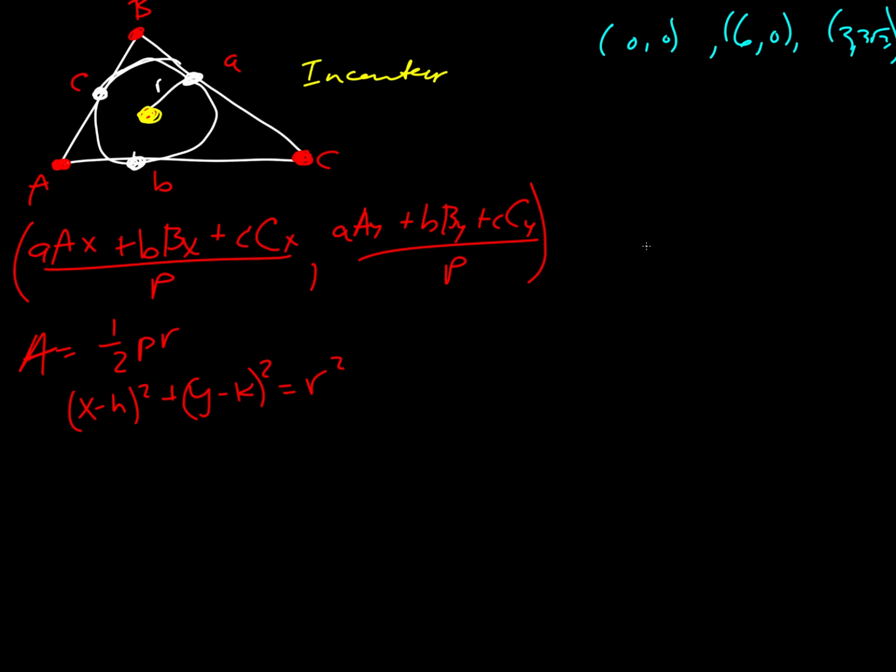Okay, so the first thing I would do, I would graph it, just to wrap your head around it. So we have this, and let's just call this A, B, and C. So we have 0, 0. Then we have 1, 2, 3, 4, 5, 6, 0. Then we have 3, and then 3 root 3.